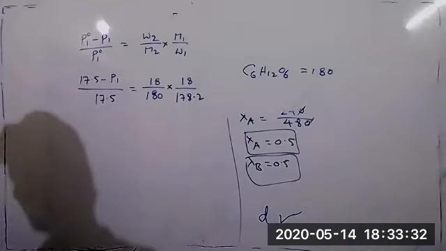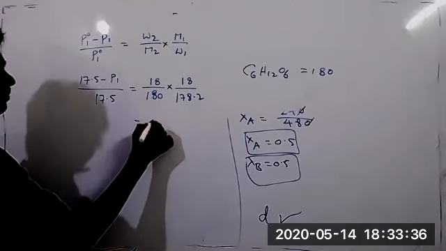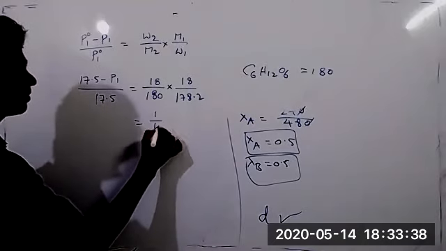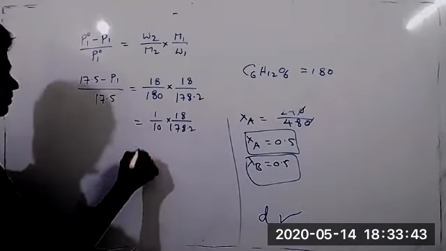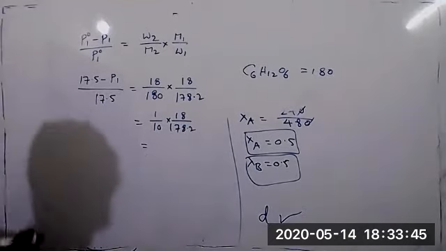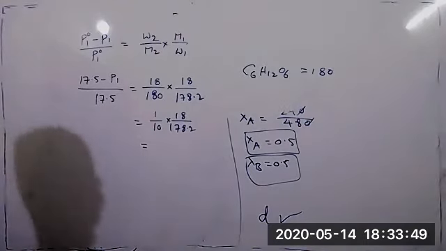Calculate this value: 18 divided by 178.2 gives 1 by 10.